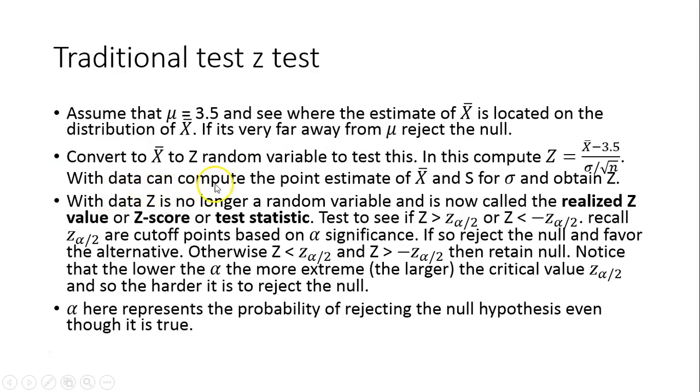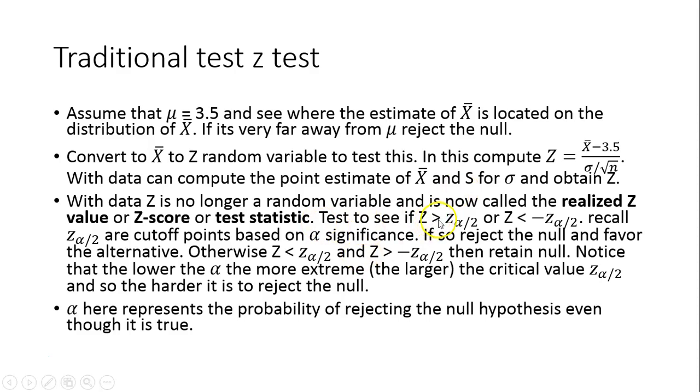And so with data, I can compute the point estimates of X bar and S and obtain a value for Z. With the data, Z is no longer a random variable, and it's now called a realized Z value, a Z score, or a test statistic. So the Z value, Z score, or test statistic is now a known Z.